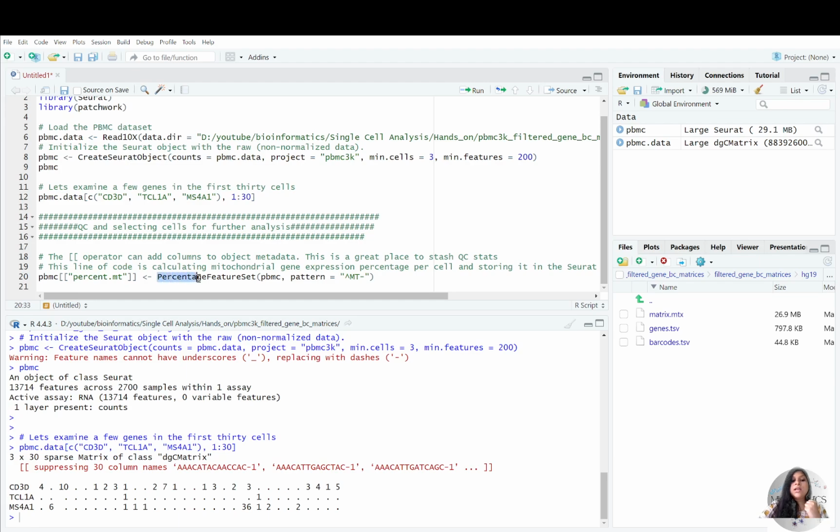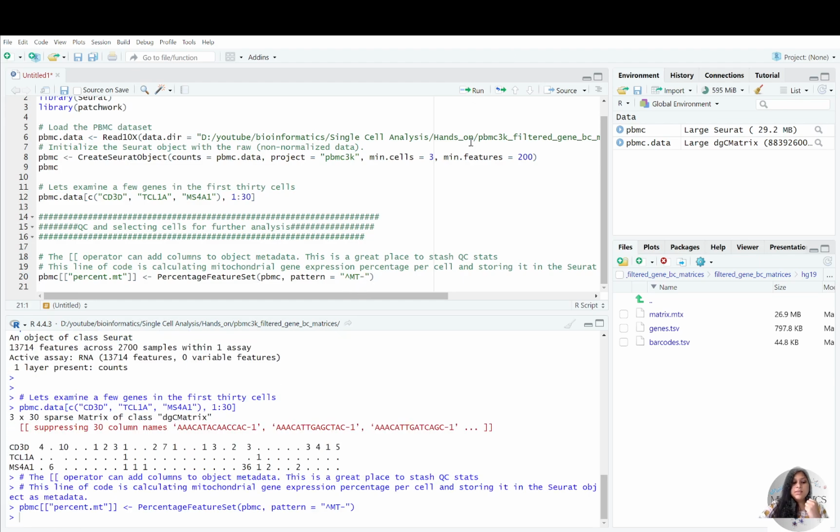And the function that we are calling is PercentageFeatureSet for our PBMC Seurat object. And what pattern are we searching for? We are searching for the mitochondrial genome expression. So when I'm running this one here, it has been run, right?